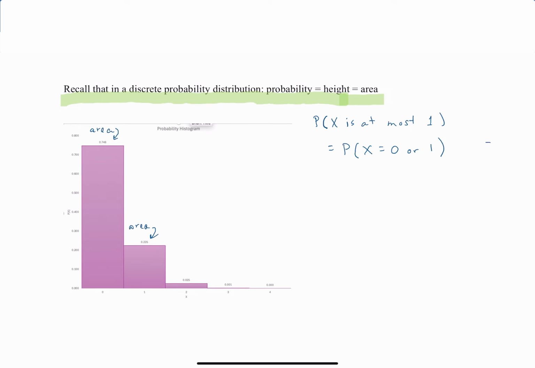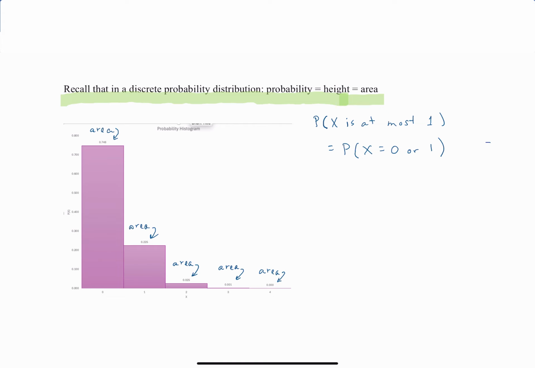We have area 0.025 for the probability that X equals 2. We have probability 0.001 that X equals 3, and that gives us the area of that teeny tiny rectangle there. And our last rectangle had probability approximately 0, so that's the area of that one.